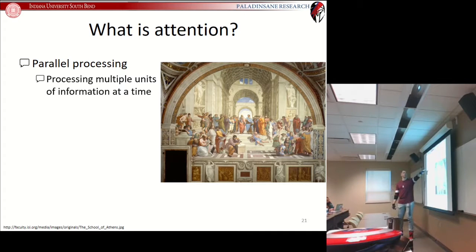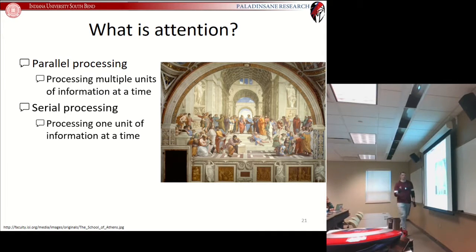If you are into computer science, you probably heard this when talking about computer processors. But parallel processing is processing in your mind that can process multiple units of information all at the same time. Serial processing, on the other hand, refers to information processing systems in your mind that can only process one unit of information at a time.